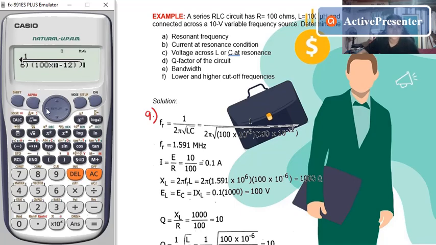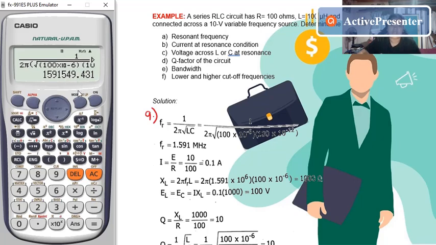Always check that the parentheses are closed to avoid a syntax error. So our resonant frequency will be 1,591,549 hertz.